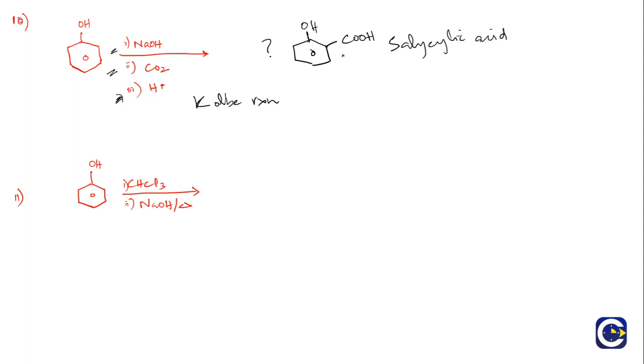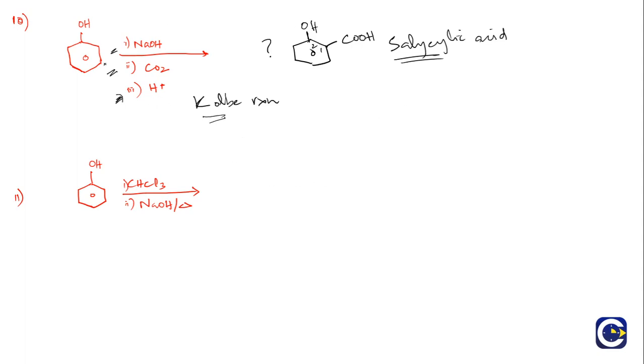This is the priority group in this compound. So this is a 2-hydroxy compound: this is position 1, this is position 2. So at the 2 position the compound is substituted. This is salicylic acid, and the reaction is the Kolbe reaction.